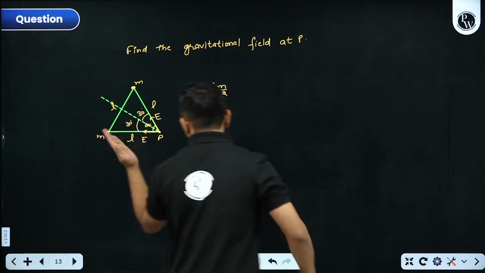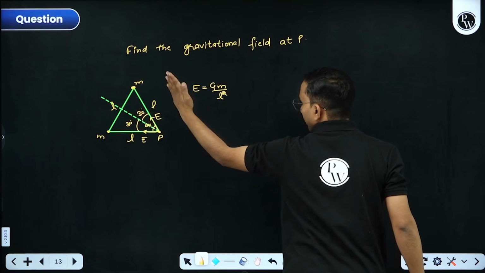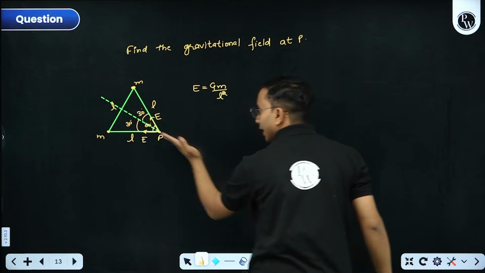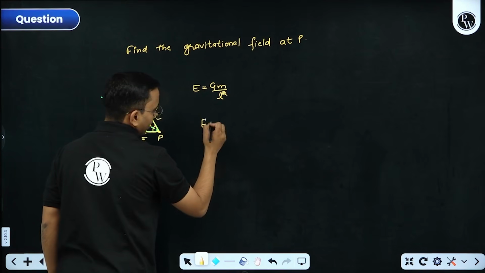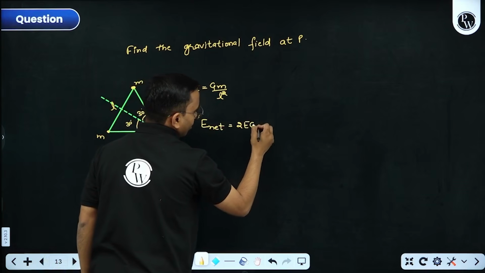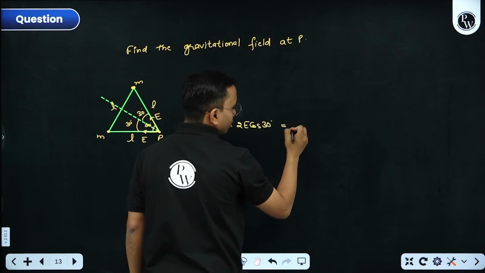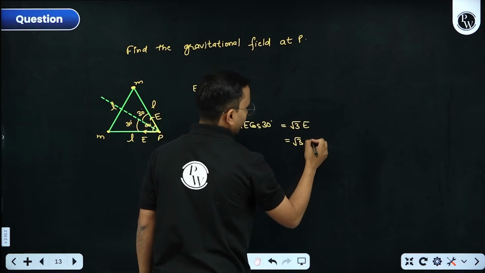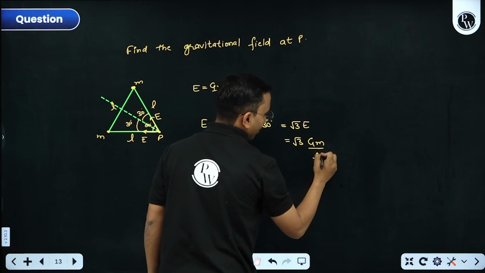So this field is E. Take that component along the bisector, E cos 30. So the resultant will be 2E cos of 30. So I'll say E net is equal to 2E cos of 30. Cos 30 is root 3 by 2. So this is root 3 E. And this becomes root 3 into G into M divided by L square.